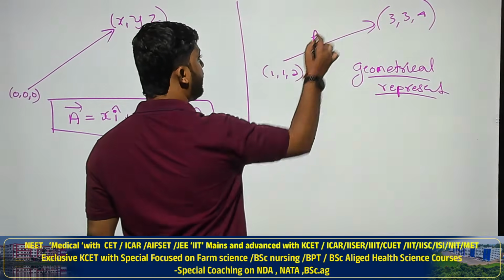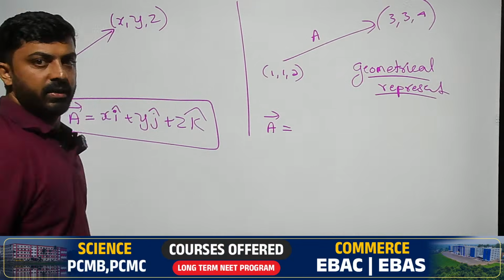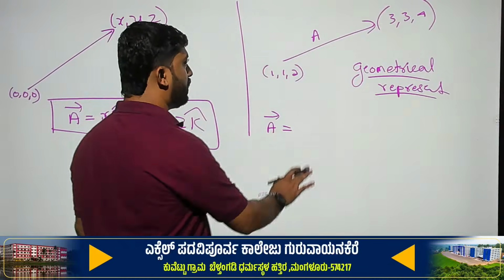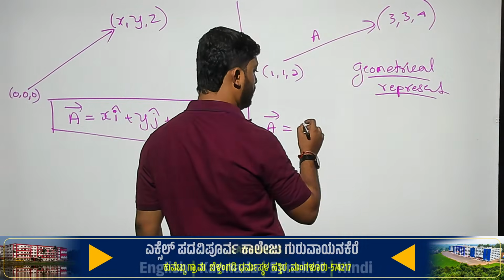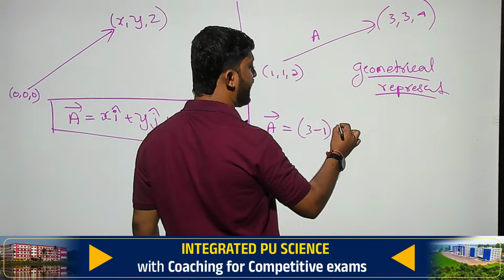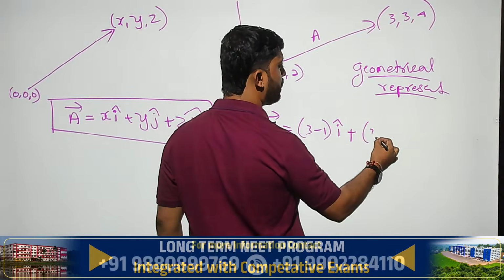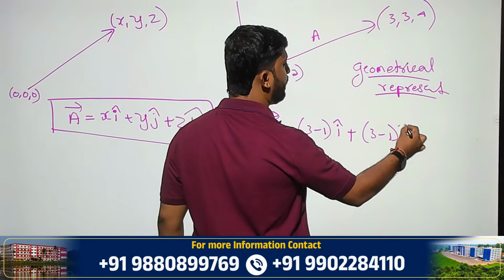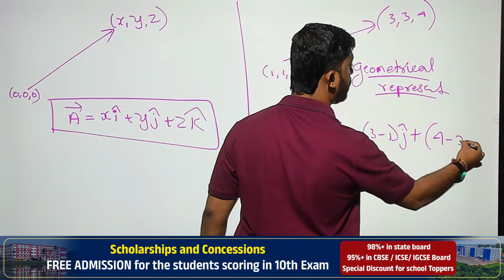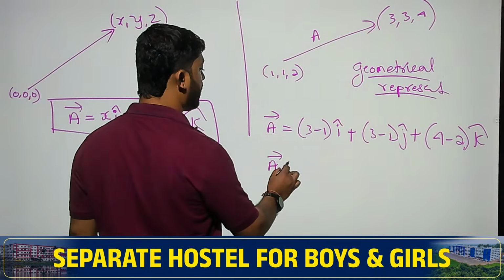If this is vector A, in mathematical form, we can represent this as 3 minus 1 i cap plus 3 minus 1 j cap plus 4 minus 2 k cap. Okay. So, what will be the A vector?